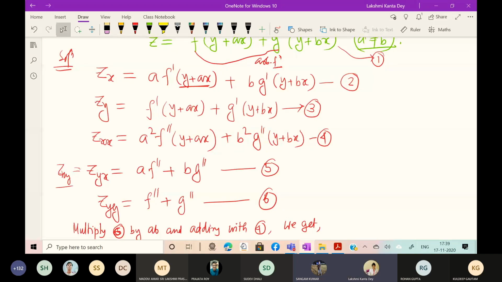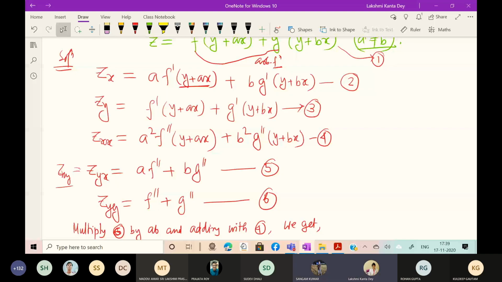Therefore, we can solve this. Can we do like that? From equations 2 and 3, f dash and g dash are two variables and two equations, so can we solve like that?